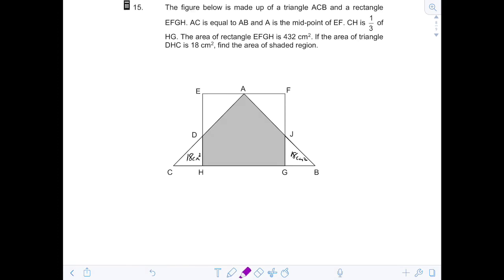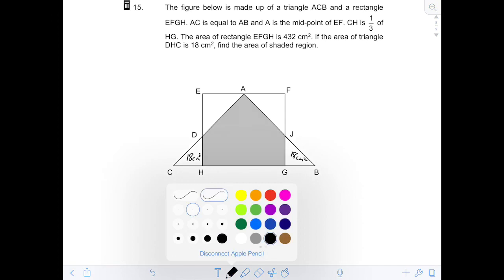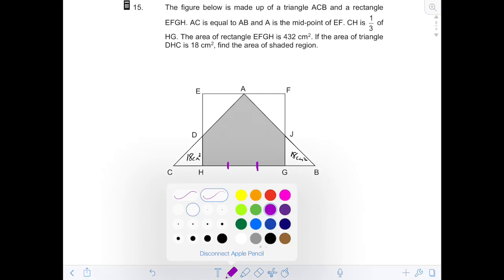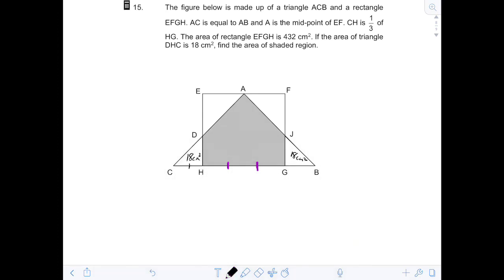Let me show you. CH is 1/3 of HG, which means that if I were to break it apart, using the unit method, if this is 1 unit, then this one I have to split into 3 units. So now it's 3:1, and they're all equal.